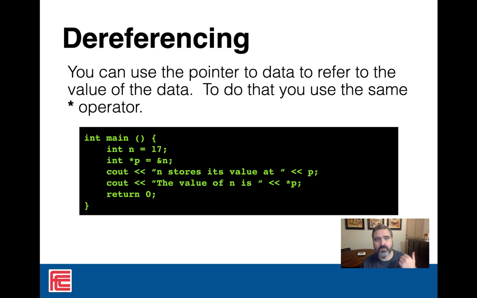P is the address where n is located. Star p is 17. It's go to that address and give me the value at that address. That's a process called dereferencing, and unfortunately, it uses the exact same symbol that we used to create the pointer. Maybe that's helpful, maybe it's confusing, I don't know, but I think other languages make it a bit easier.